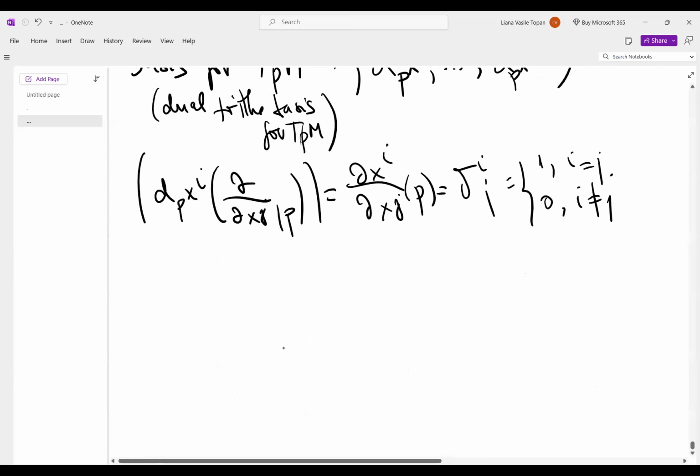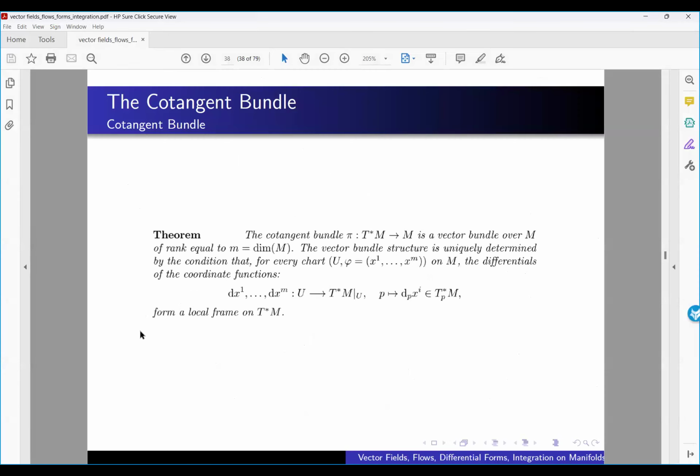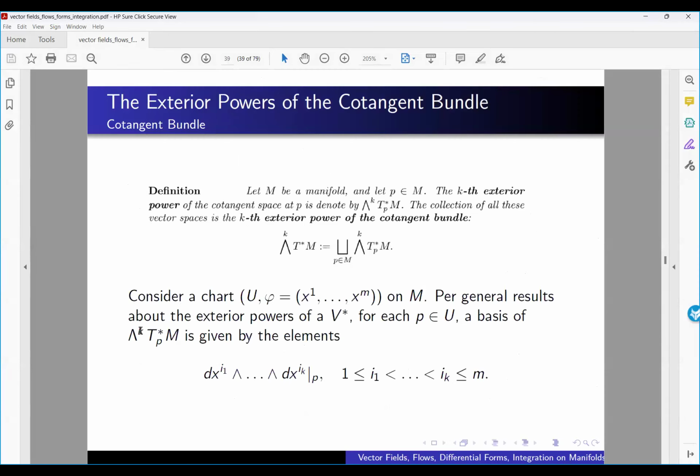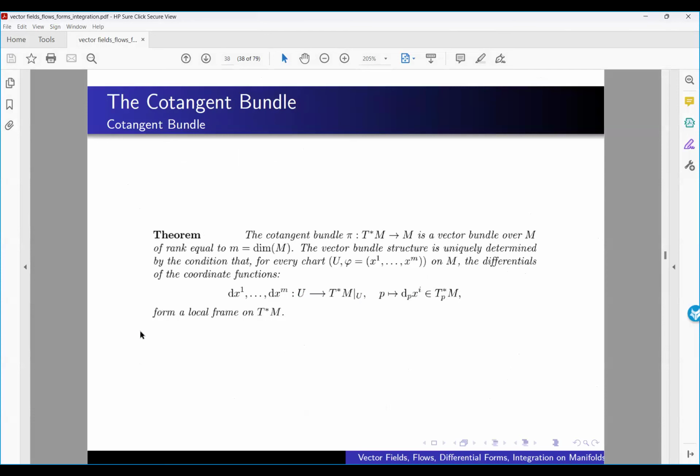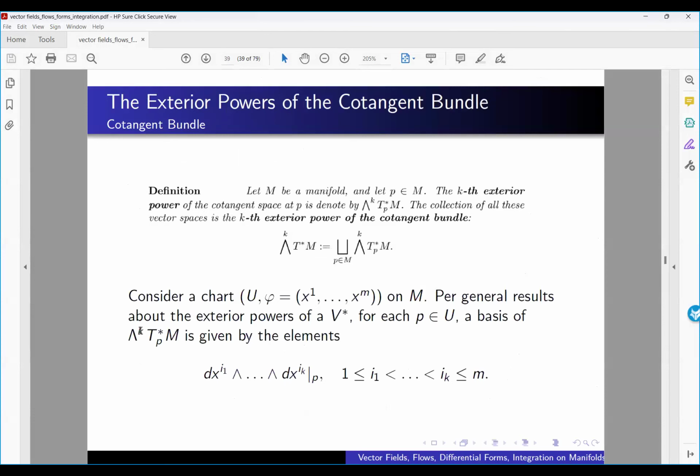Very well. And now we are going to apply all what you've seen at the beginning of the lecture. We are going to apply it to the cotangent space. Okay, so this is the basis for TPM star. It extends to a frame, so like a basis for the cotangent bundle. So let's come here and let's see.